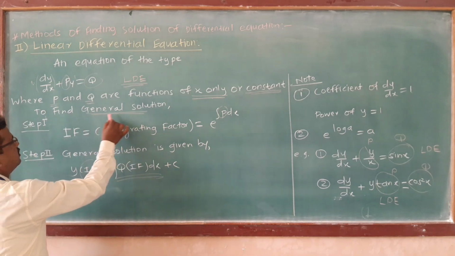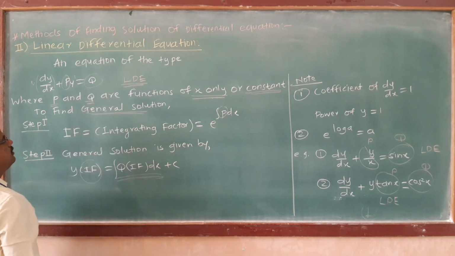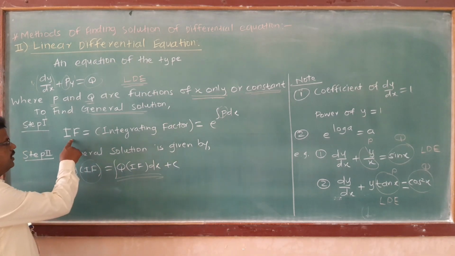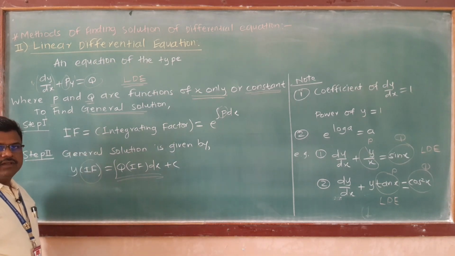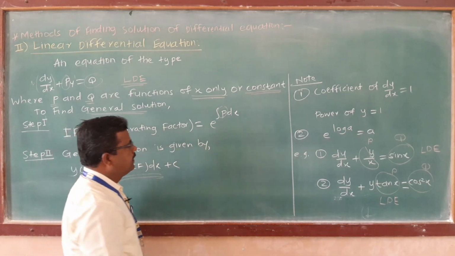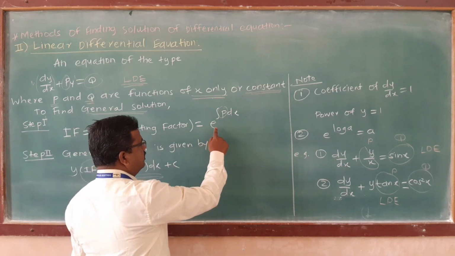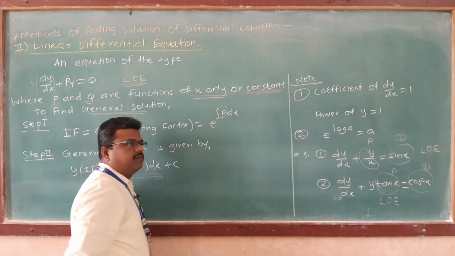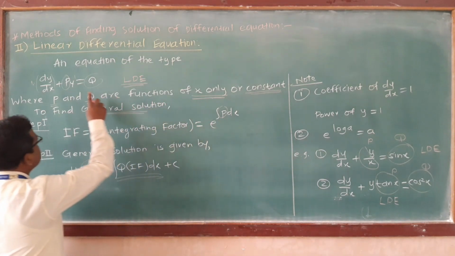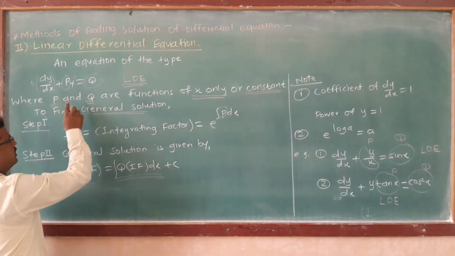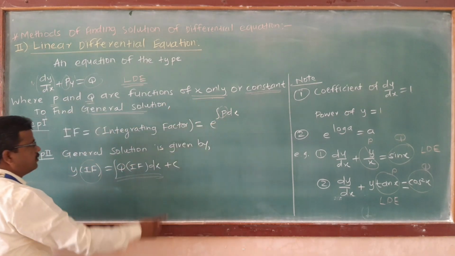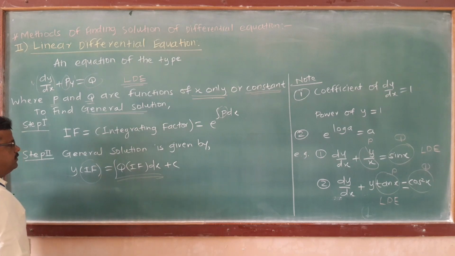To find the general solution of this linear differential equation, first we have to find the integrating factor. We call this IF. How to find that IF? IF is equal to e raised to integration of p dx, where this p you have to take from the coefficient of y, which is only a function of x.